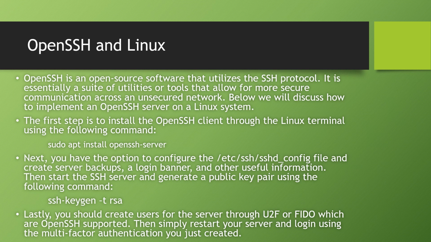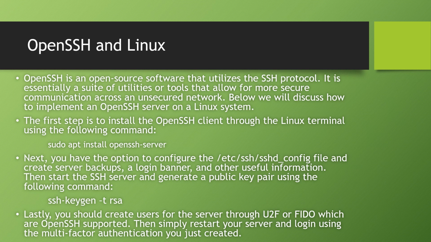Then start the SSH server and generate a public key pair using the following command: ssh-keygen -t rsa. You're also able to create keys of different sizes, in bits, by adding the desired size to the end of the aforementioned command.